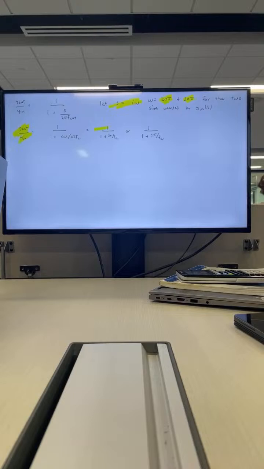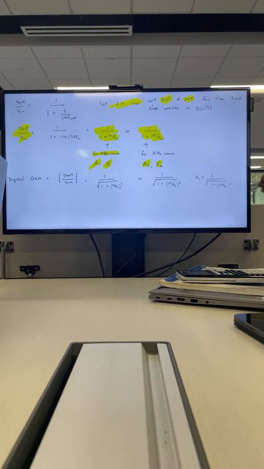So for the 10 hertz I'll be having this transfer function, and for the 15 hertz I'll be having this one. Okay, so this is for the 10 hertz, I need to find A1 phi 1, and I need to find A2 phi 2 for the 15 hertz.